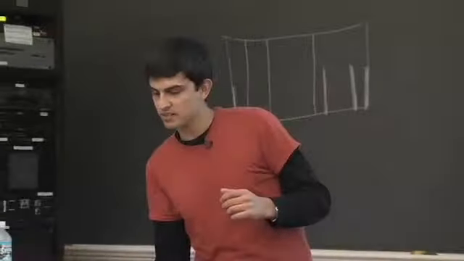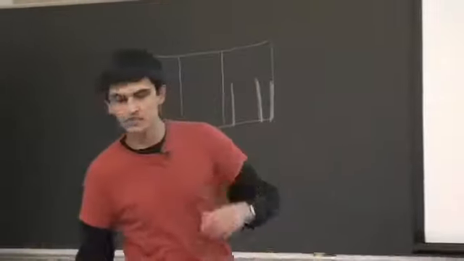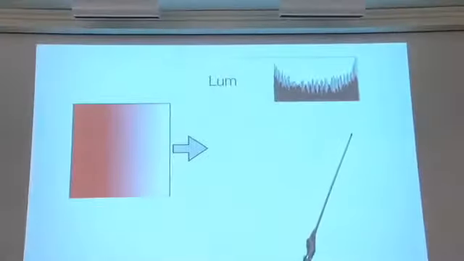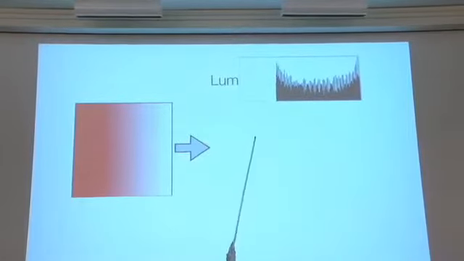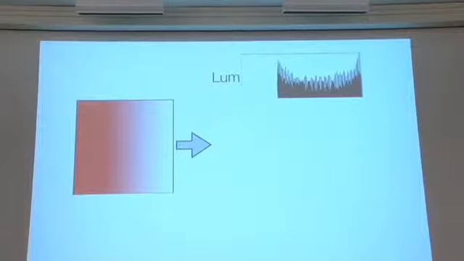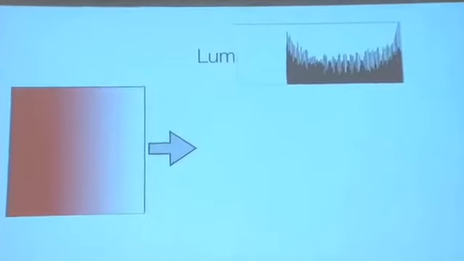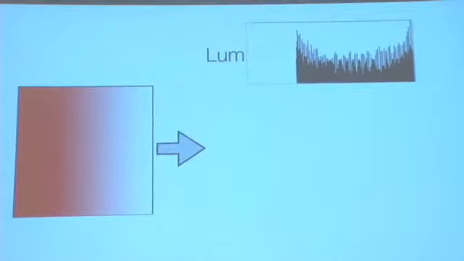Okay, so let me break this down a little bit more. Remember that a histogram goes from the value of 0 all the way to 255. So if we had a histogram measuring red, then we're measuring the frequency of red pixels that are 0 to 255. So what could it look like?